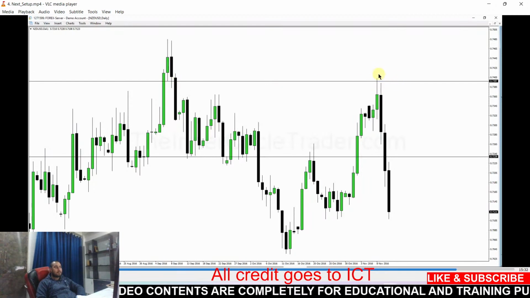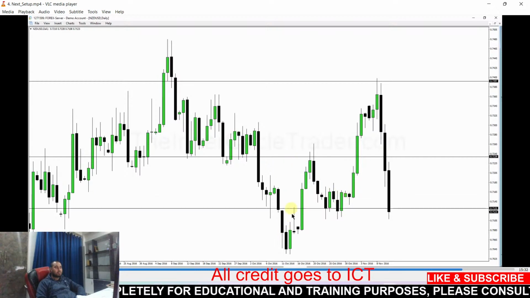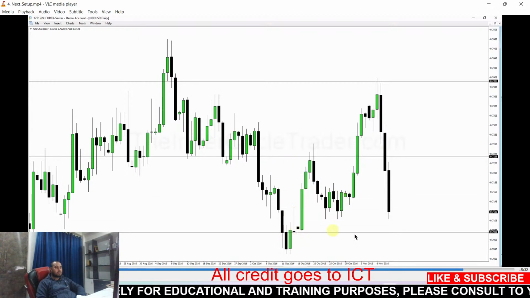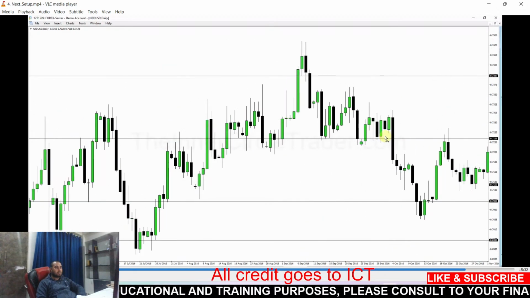See it trading in here. Minimum expectation is to trade down to here. The next one would be down here. So you're going to reach for that, and then below these lows.